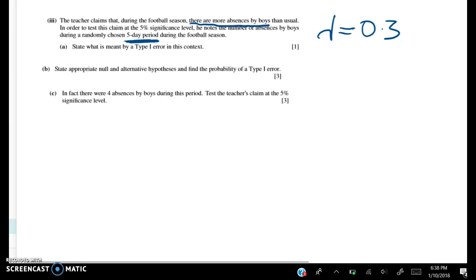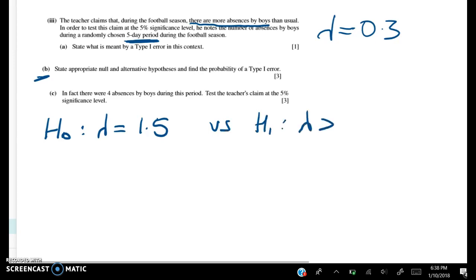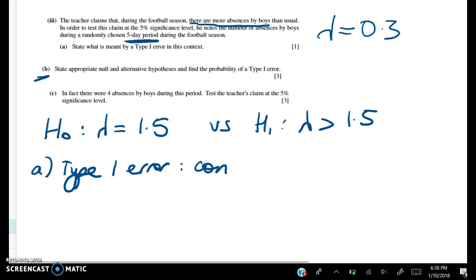Well, it makes sense to start thinking about our hypothesis test that's coming up in part B, which will have the null being that lambda is equal to 1.5, and the alternative, or H1, will have lambda, the absence rate, being greater than 1.5. So for part A, a type 1 error happens when we conclude that there are more absences than usual when there aren't.